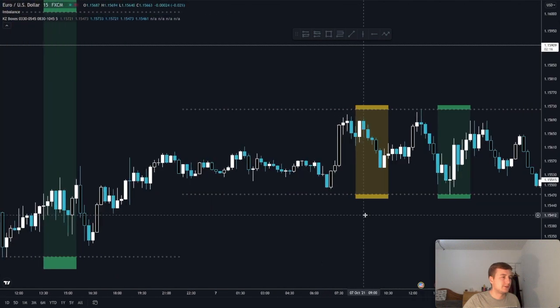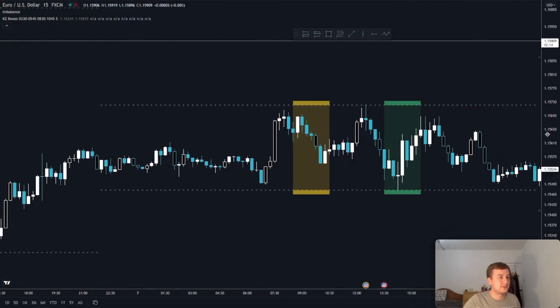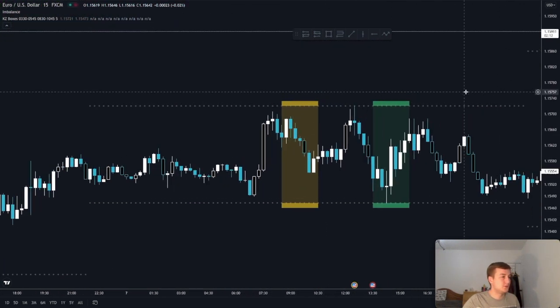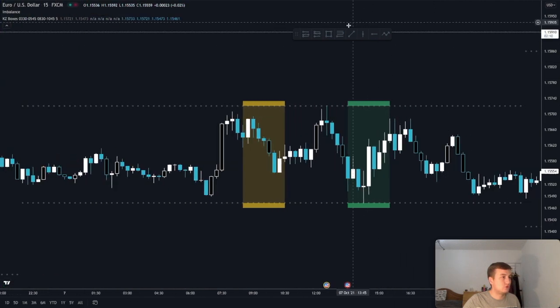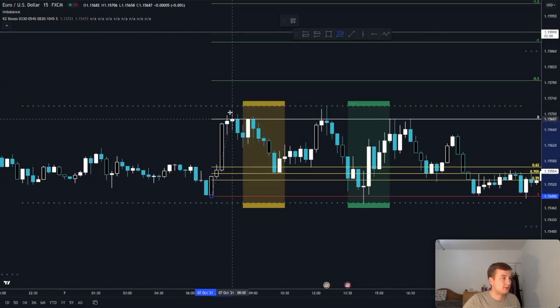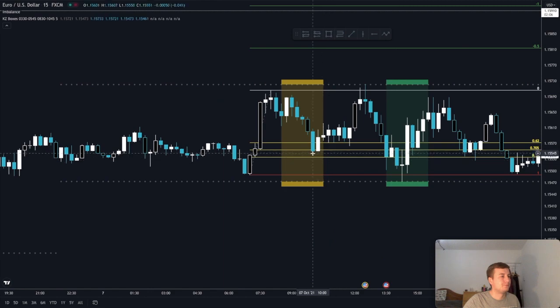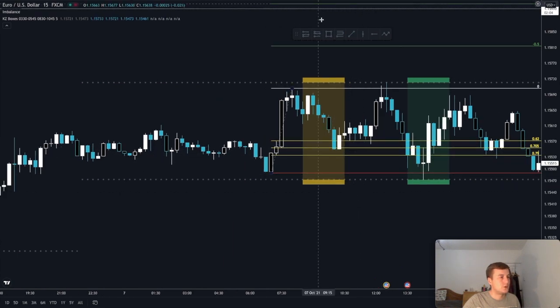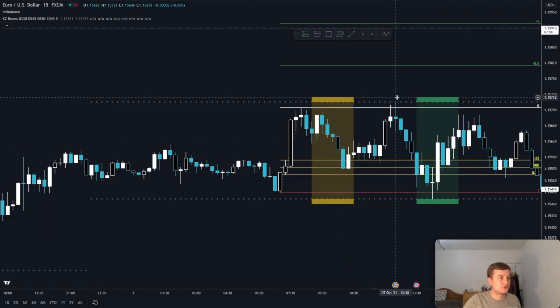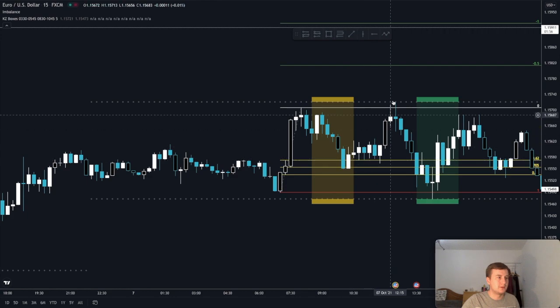Okay, so the idea behind the optimal trade entry is that you draw up a Fibonacci like so, and you wait for price to come to them Fibonacci levels and trade off of it. Okay, so price comes to these Fibonacci levels, you buy and then hope price will go up.